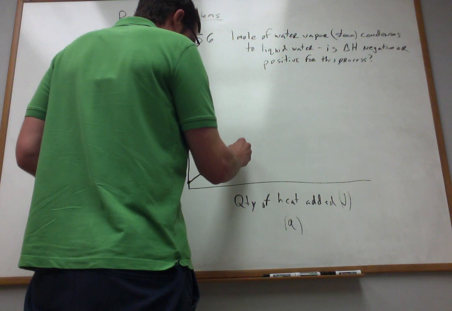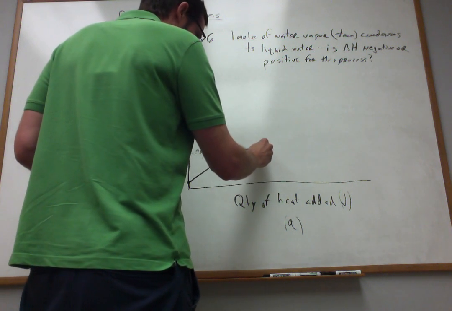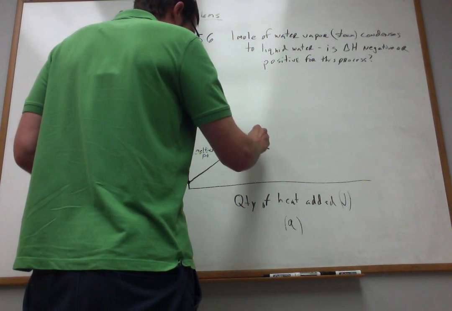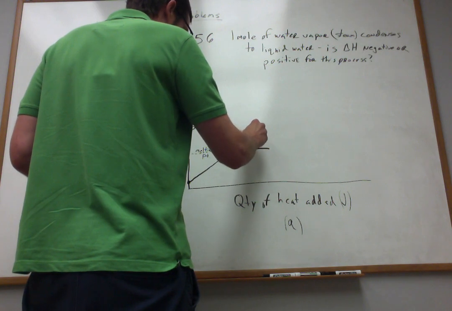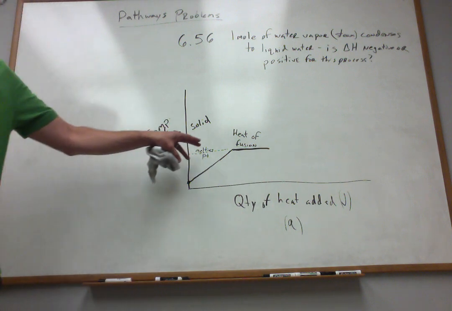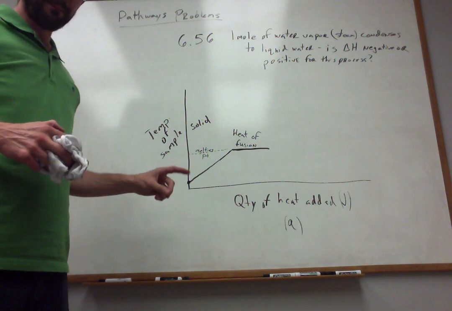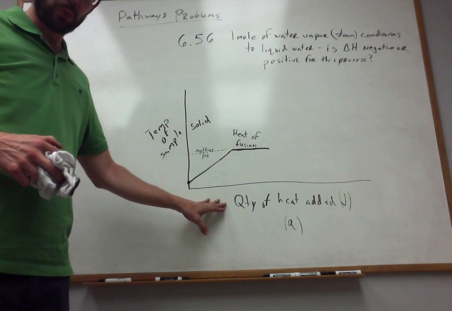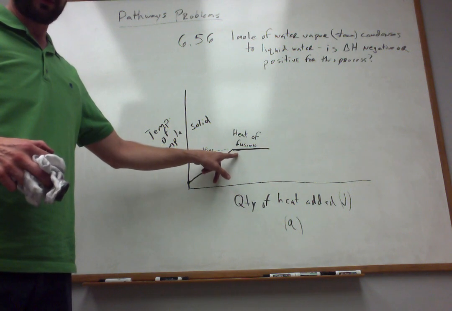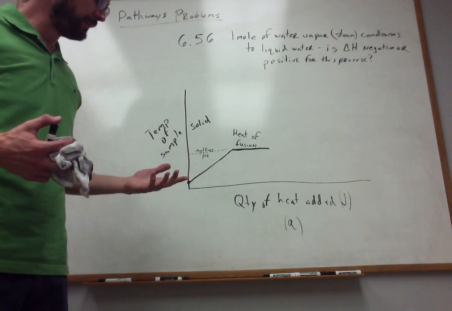And it turns out that what happens there is this plot levels off as the material melts into a liquid. And what are the consequences of that leveling off at the melting point? Basically what that means is that I can add more heat energy to my sample, but my temperature does not rise. The line flattens out. So what happens to that heat?